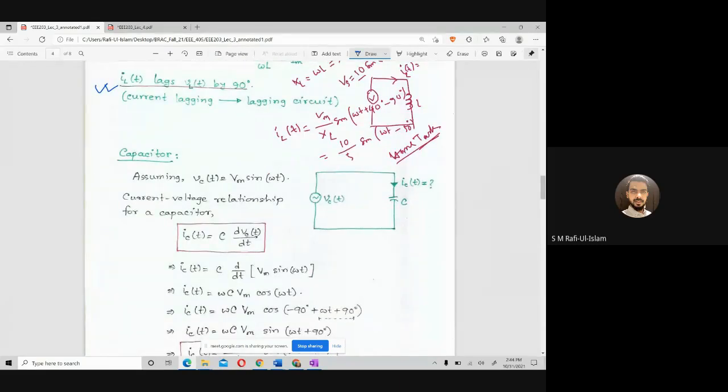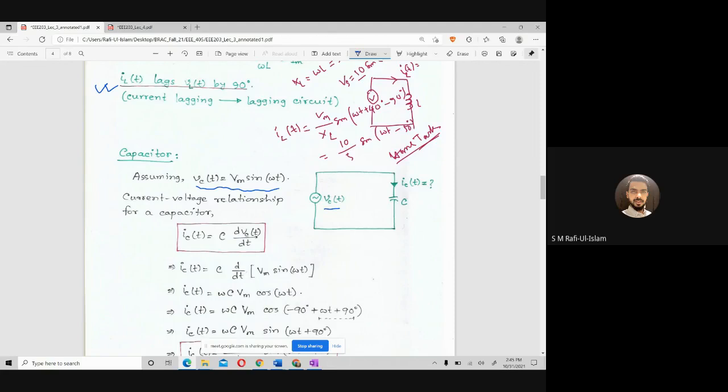Now just think about a capacitor. So if I have a capacitor, let's say, and it is energized or connected to a voltage source, and this is a pure sinusoidal AC voltage source. So generally we consider some expression like this. But in the exam, this expression might be different.